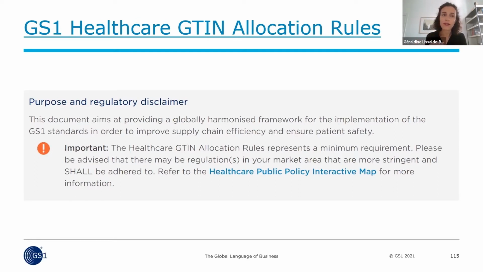And if you do it correctly, then you will really manage to leverage the use of the GS1 at its best, meaning that you will be able to implement one requirement, but it will be duplicated for other similar requirements across the world.